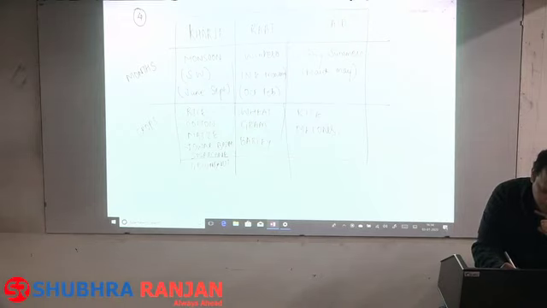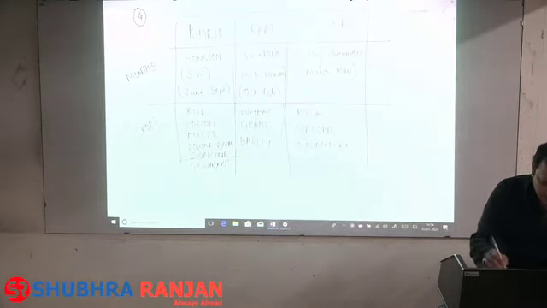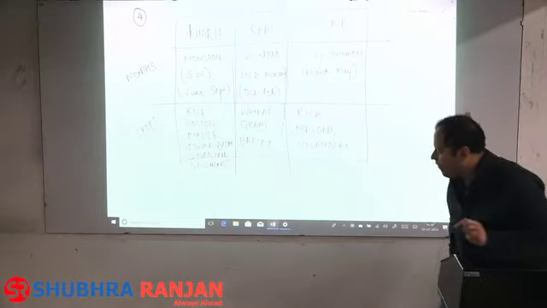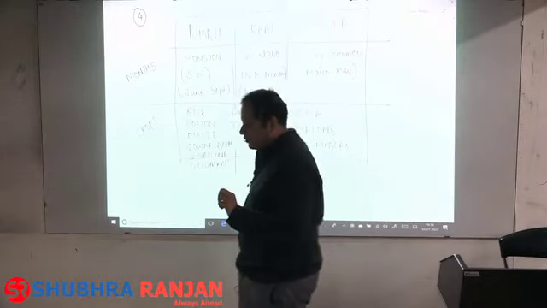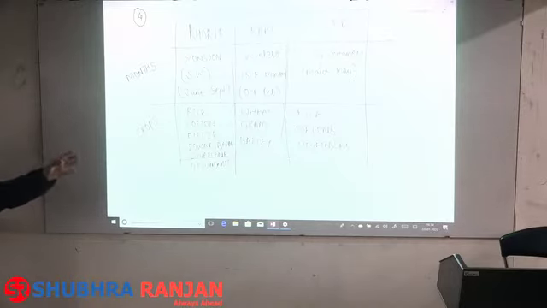Vegetables. Watermelon, muskmelon, etc. are Zaid. So remember this chart.